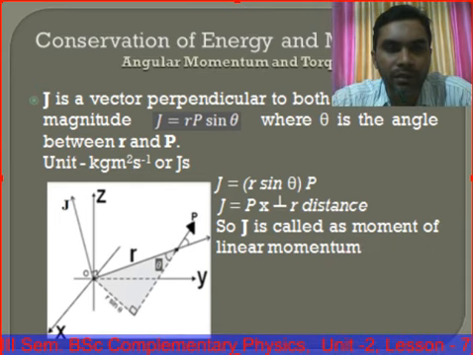If any quantity is obtained by multiplying some other quantity by its perpendicular distance, then that quantity is called the moment of the first quantity. Here the magnitude of angular momentum is obtained by multiplying linear momentum with its perpendicular distance from the reference point. So angular momentum can be called the moment of linear momentum.